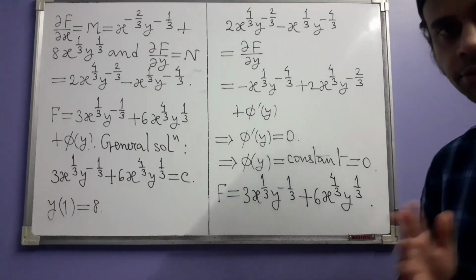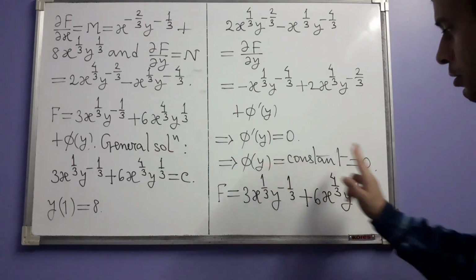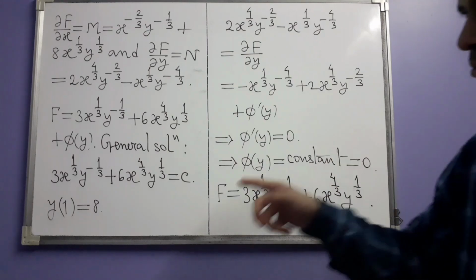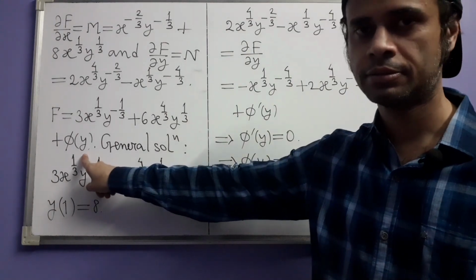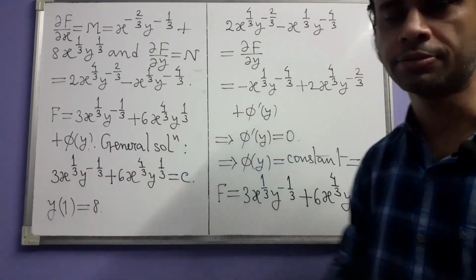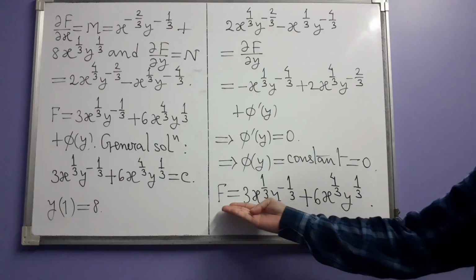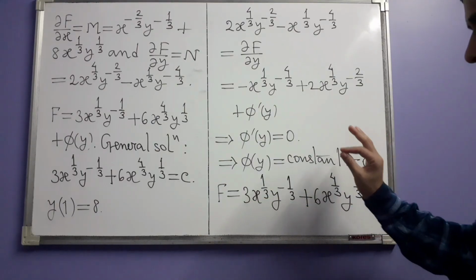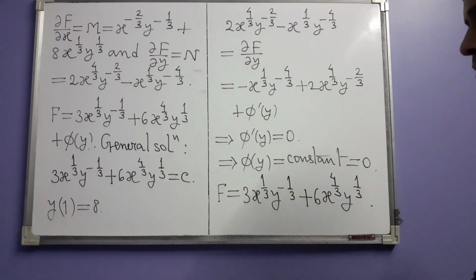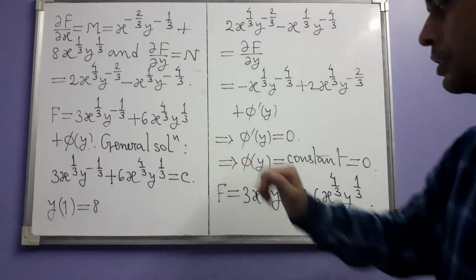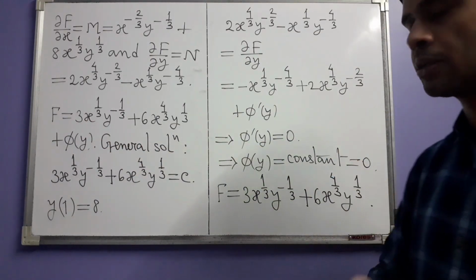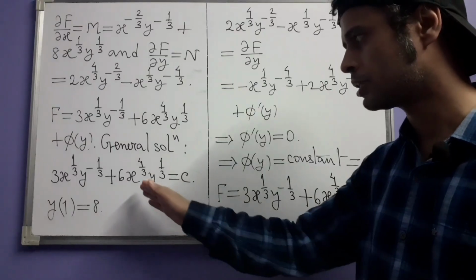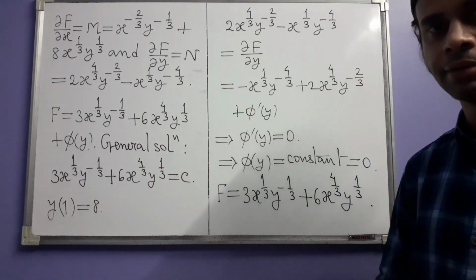So after you take this to be 0, you go back to this equation and use that here. So that way this is your f with that special value of phi of y. So it is just this. And what is the general solution then? The general solution is f equals an arbitrary constant.